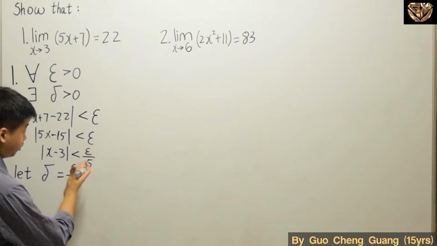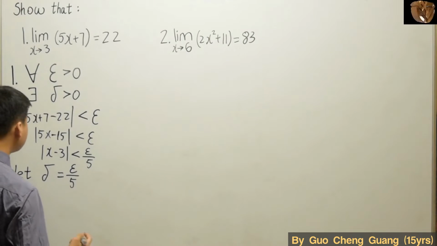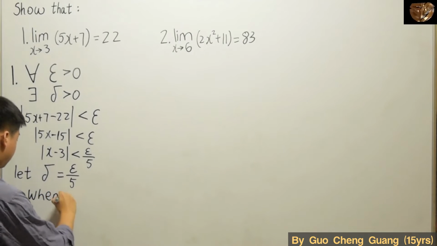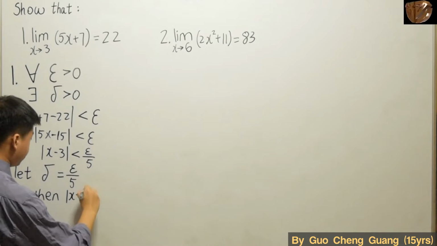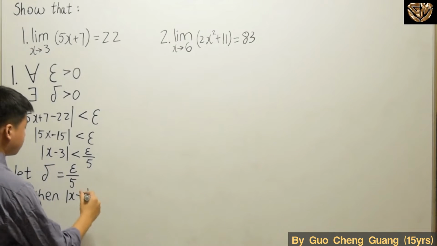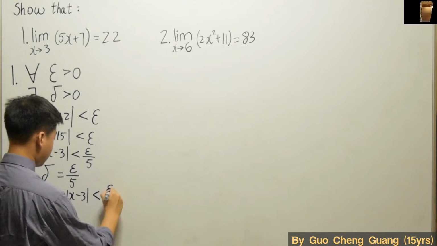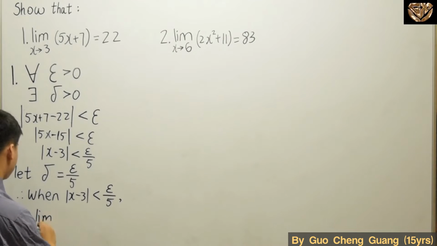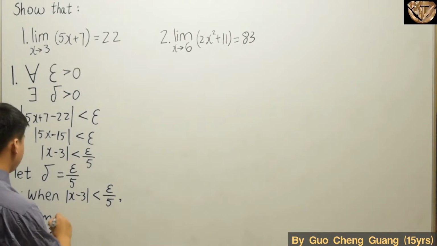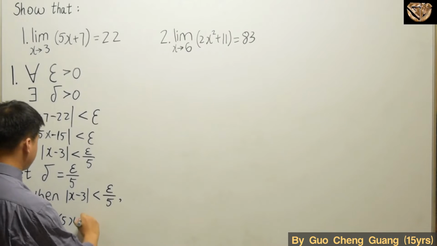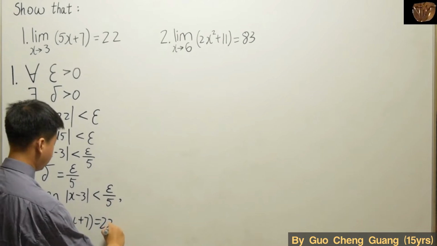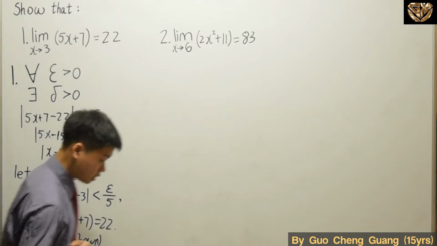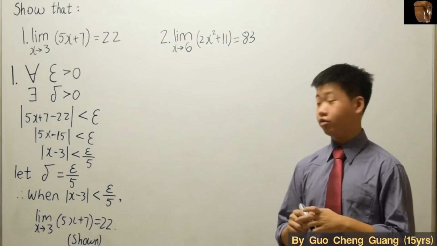That will be your difference. So when the difference between these two values is smaller than epsilon over 5, the limit as x approaches 3 of 5x plus 7 is equal to 22.